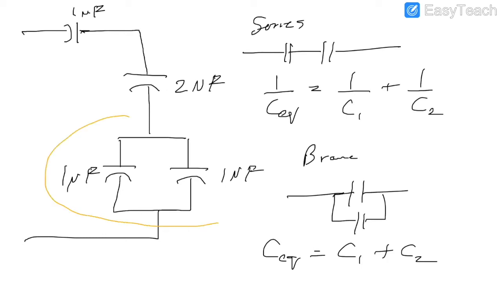I'm going to start with this branch right here. So I'm going to solve this branch. So these are in branches, right? So if they're in branches, we just add them up. So our circuit is going to look somewhat like this. I'm going to rewrite this.